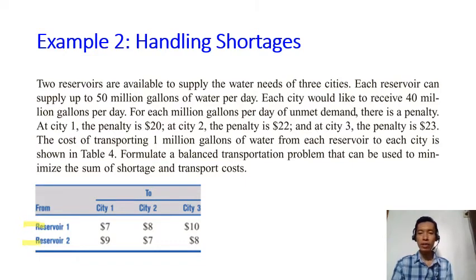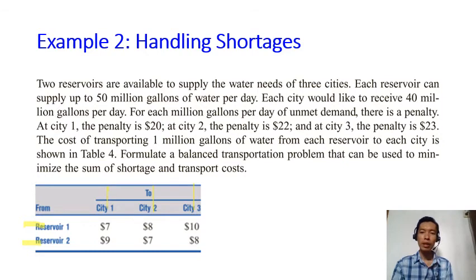And each city would like to receive 40 million gallons per day. So we have 3 cities. The total demand for 3 cities is 3 times 40 equals 120 million gallons of water per day. The supply is only 100, the demand is 120. So clearly there will be unsatisfied demand.